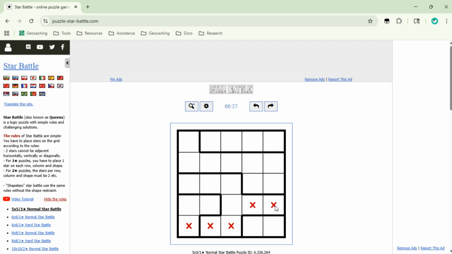So we know that these and these cannot be stars because that would conflict with placing a star right here. Now, we have a similar scenario here at the top, because if this or this now needs to be a star, it means that these 2 would always be adjacent. So we cannot have that scenario. And we also know that these 2 need to be a star, so that means that this row is automatically taken care of. So this can't be a star either.